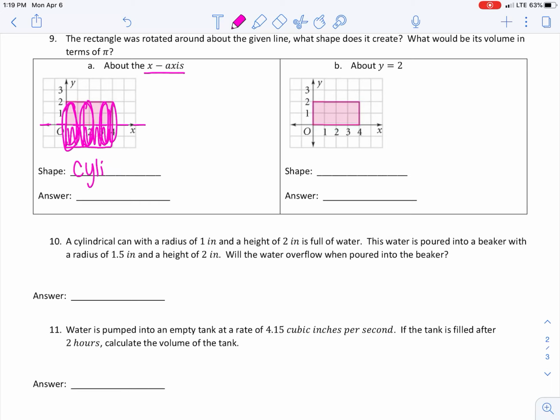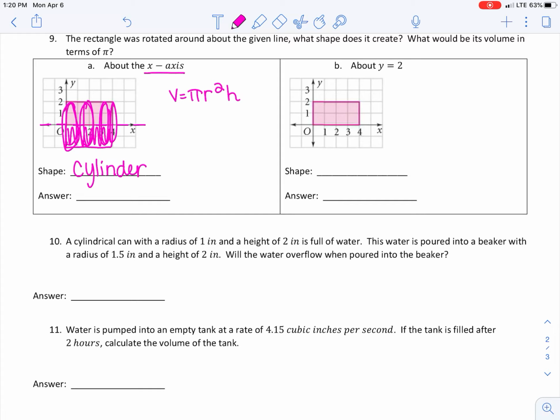Apparently I can't spell. If you're in my class, you know that already. Okay, so we're creating a cylinder, and with this cylinder, it's wanting us to come up with the volume of the cylinder in terms of pi. So we know that the volume of a cylinder, again, is pi r squared times h. So we have to come up with the radius, and we have to come up with the height.